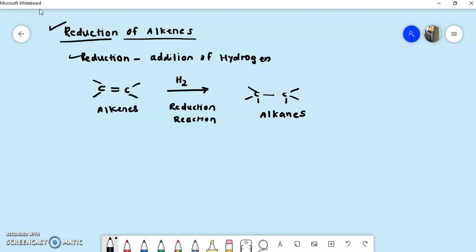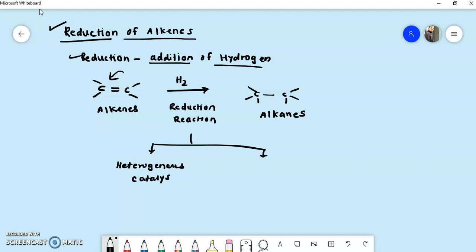So what is reduction of alkene? Reduction is nothing but addition of hydrogen across this double bond. Now there are two types of reductions if we consider the alkenes. One is reduction using a heterogeneous catalyst, and the second one is reduction using a homogeneous catalyst.